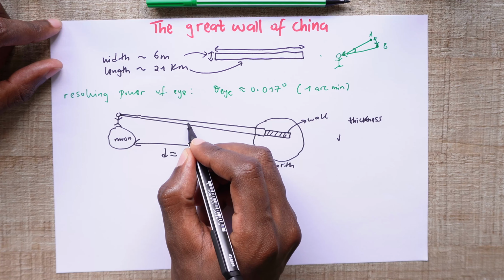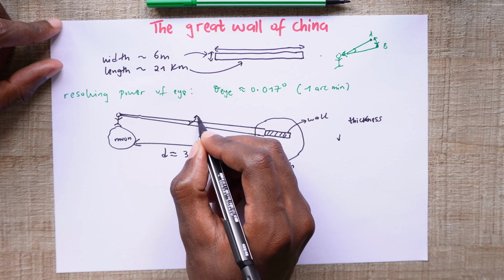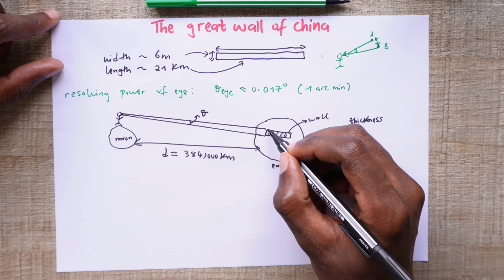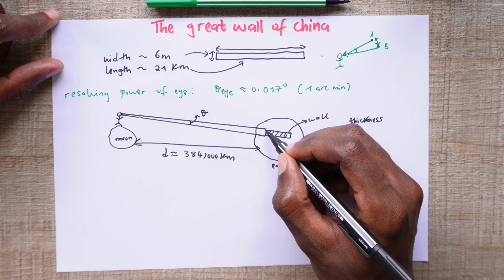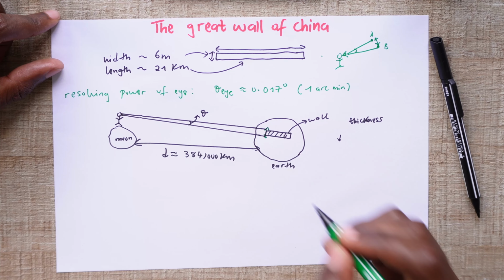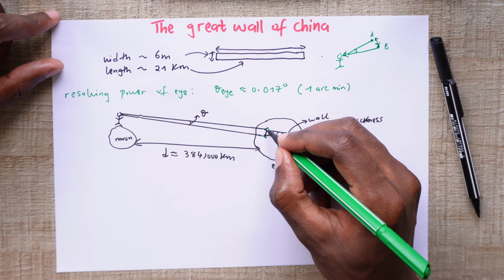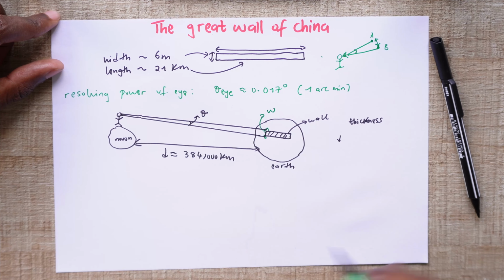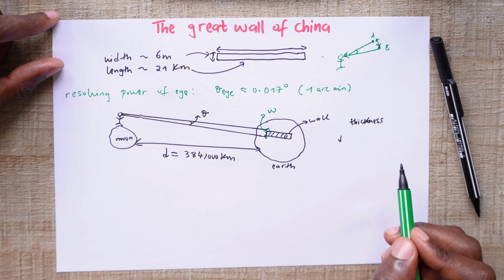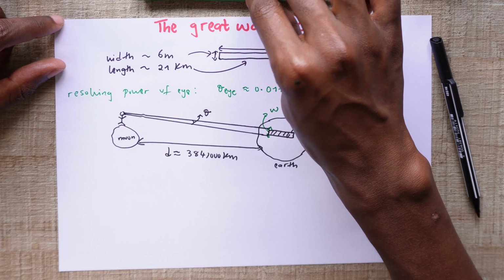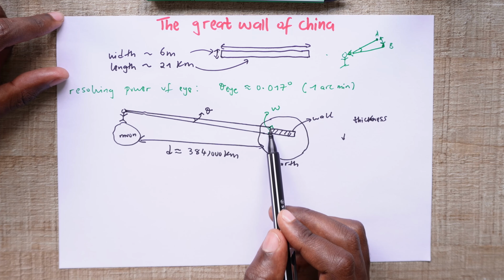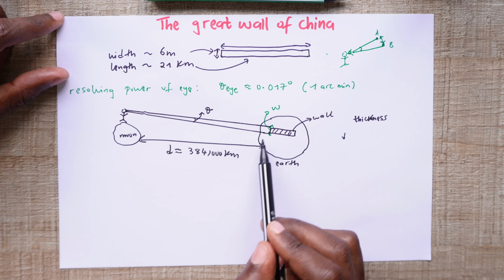So let's call this angle here theta, okay? And this small length here represents the thickness of the wall. So let's call that W. So this is the thickness W. And the distance between the two, the Earth and the Moon, is 384,000 kilometers.